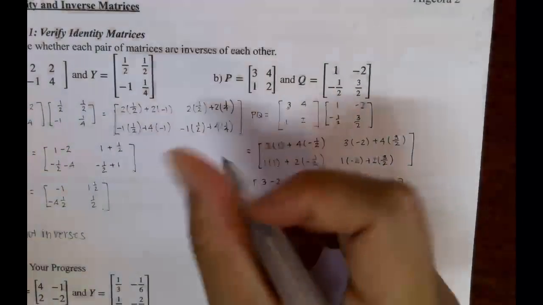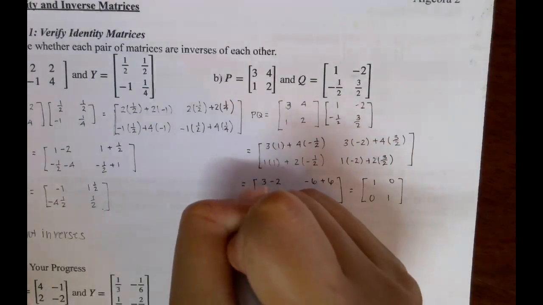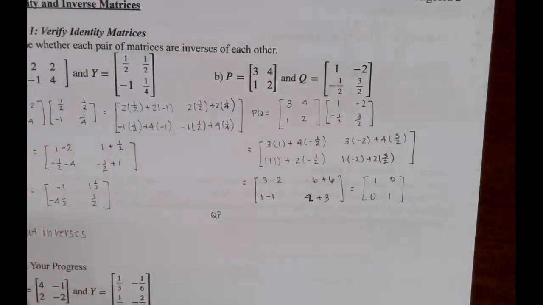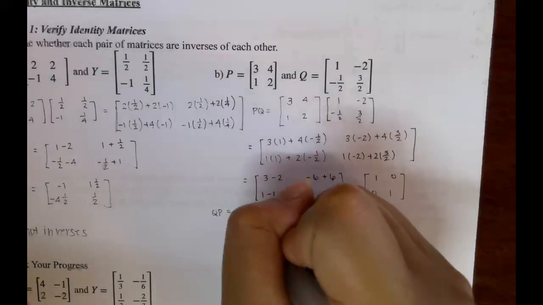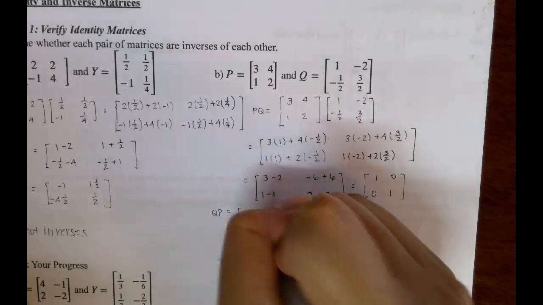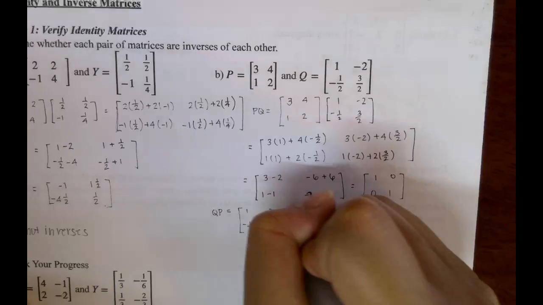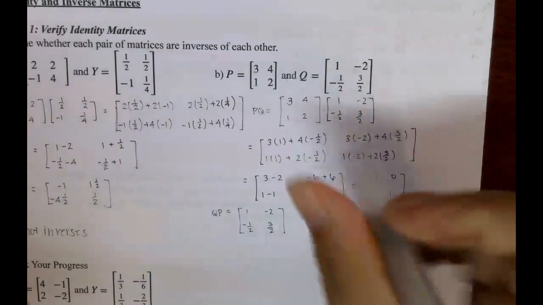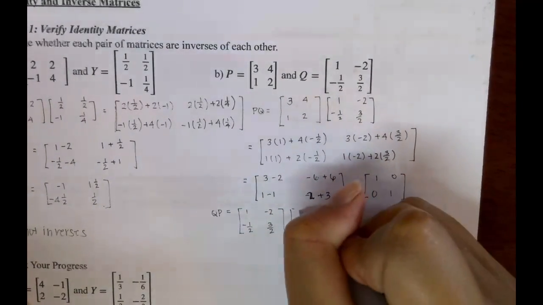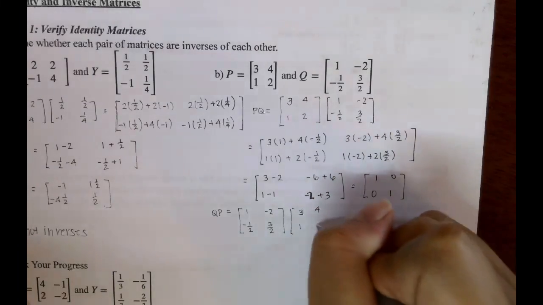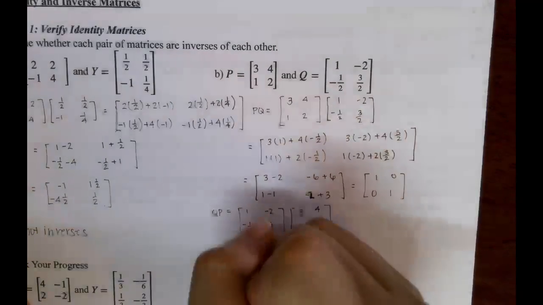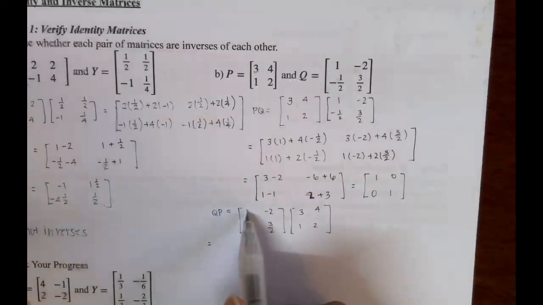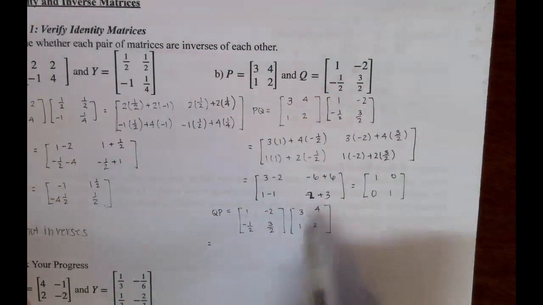Now I just check in for QP. Okay. Now I'm going to do Q first. So 1, negative 1 half, negative 2, 3 halves, times 3, 1, 4, 2. Right. So starting with this first row and first column.